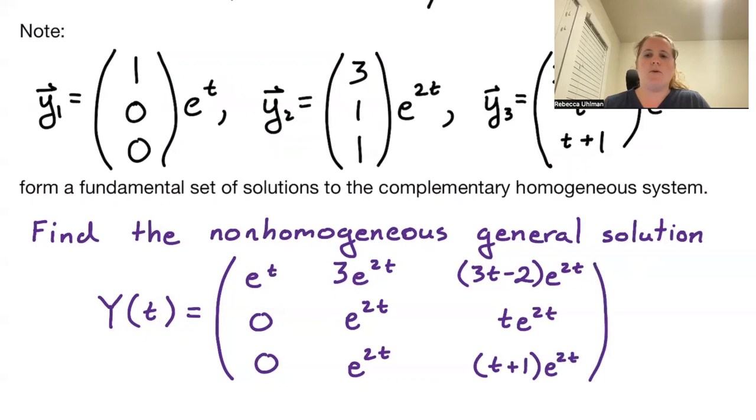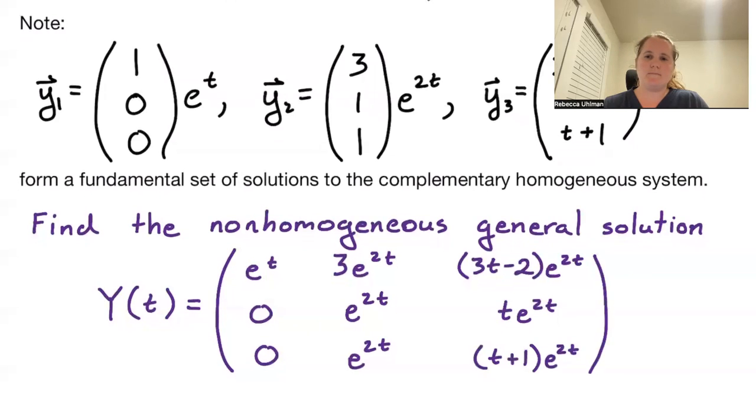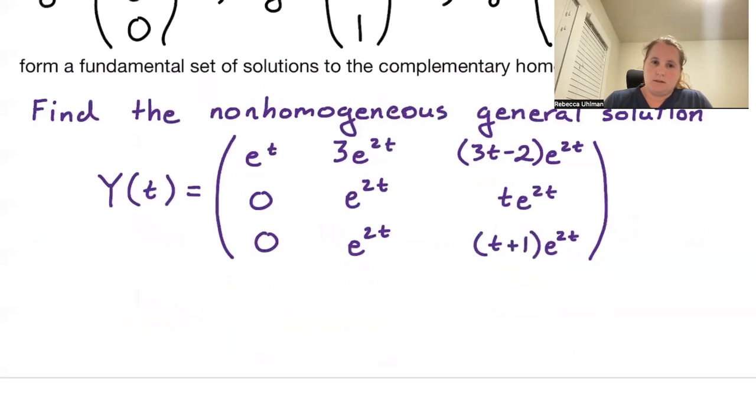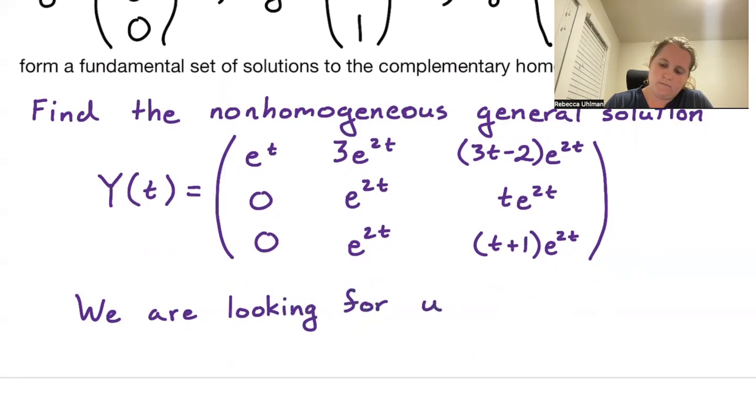So this is our capital Y of t. So we are looking for u such that Y of t times u prime is equal to our f of t.